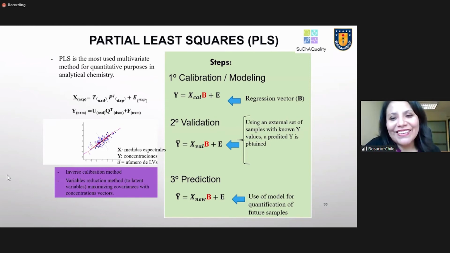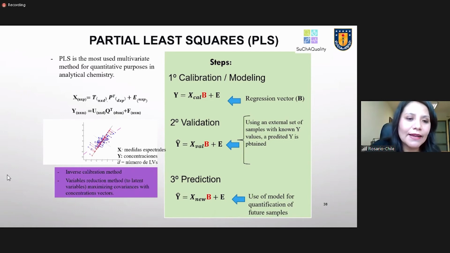Partial least squares is a good method because it uses reduction of variables. This is an important factor because reduction of variables means that I can use something like principal components, and I can use a high number of variables, such is the case of spectra, and use removal of non-informative signals and non-informative values of this X matrix.